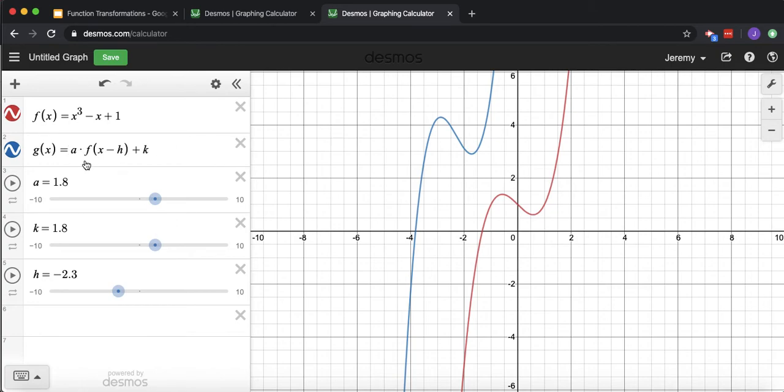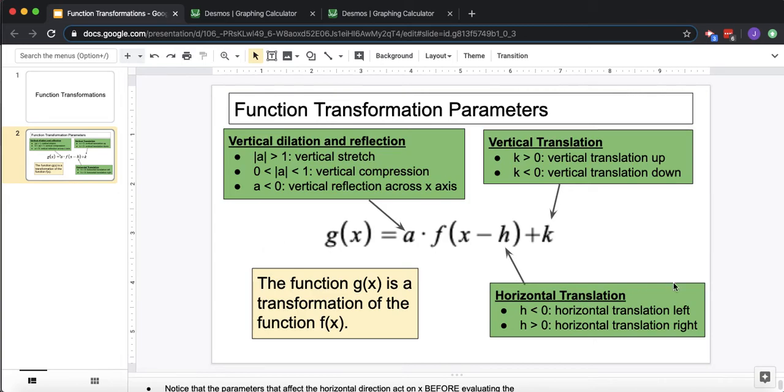I've summarized this relationship, and I encourage you to try this with Desmos, which doesn't take very long. I've summarized this basic information about function transformations on this slide. Here, the function g of x is a transformation of the function f of x, and it describes what each of these three parameters does to the original graph of f of x to get g of x.